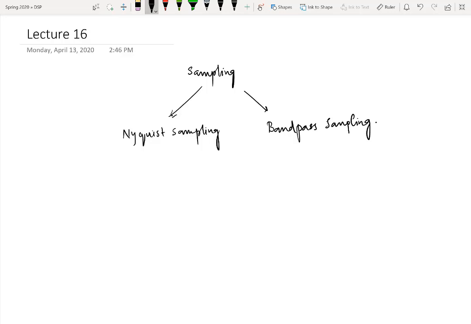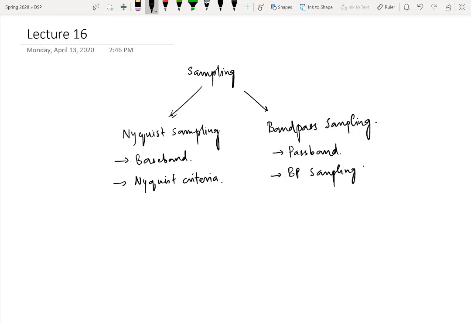If you are going to sample a baseband signal, you usually go for Nyquist sampling. And for performing Nyquist sampling, you need to fulfill the Nyquist criteria. Right? And whenever you are going to sample passband signals, then you will go for bandpass sampling, and the criteria is the bandpass sampling theorem, which we will discuss in this lecture.